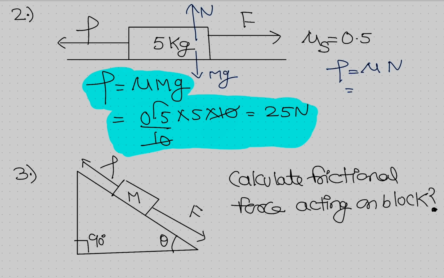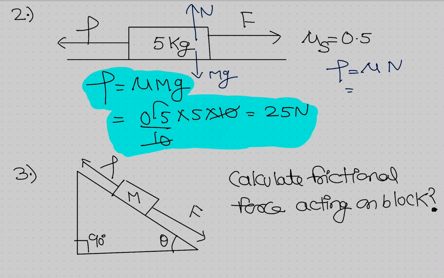So let's move on to the second topic, inclined plane. In this case, calculate the frictional force acting on the block. A mass m is sliding from the top to the bottom of the surface. The force is acting downwards while the friction force is towards upward, which means the block slips down.